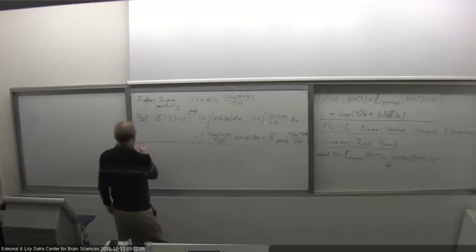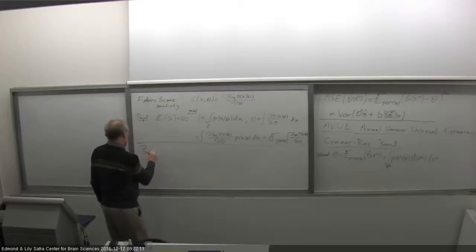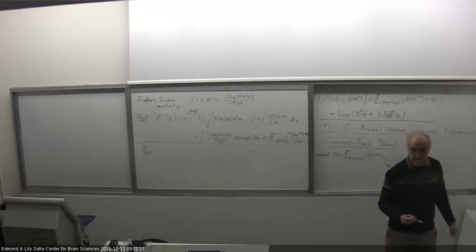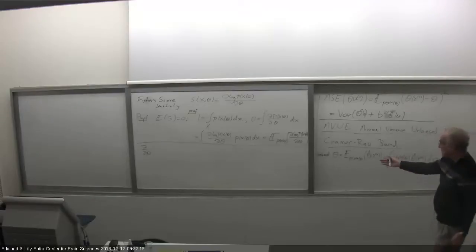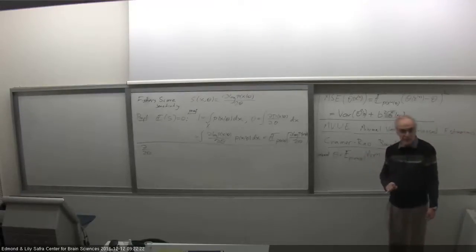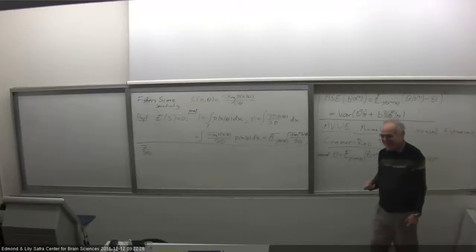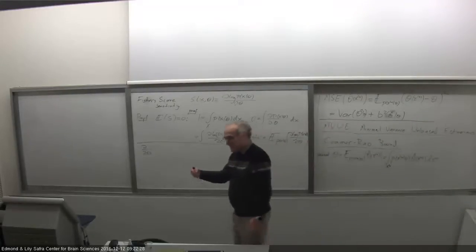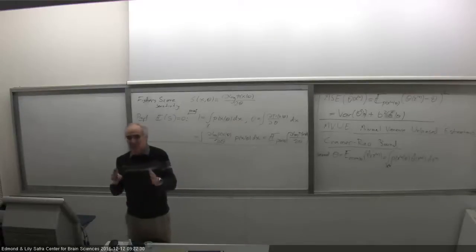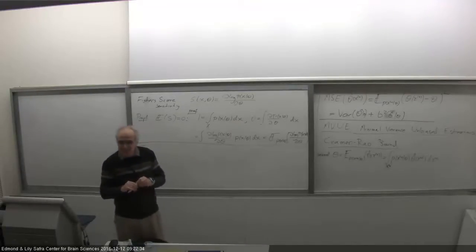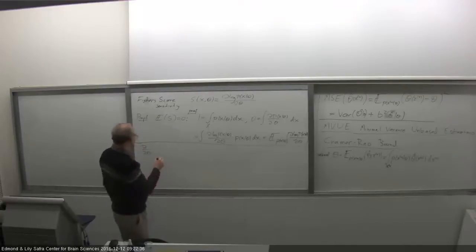So I take d over d theta of this equation. d over d theta of theta, what? Everybody together? 1. d over d theta of theta is 1, at least in one dimension. In more than one dimension, we have to be a little more careful.